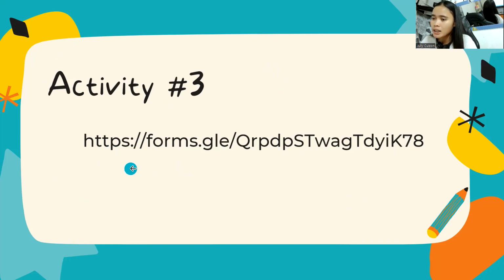And of course, submit before 5 p.m., because I will close the link at 5 p.m. So those who are late will not get activity 3. You will not gain scores for this activity if you do not comply.